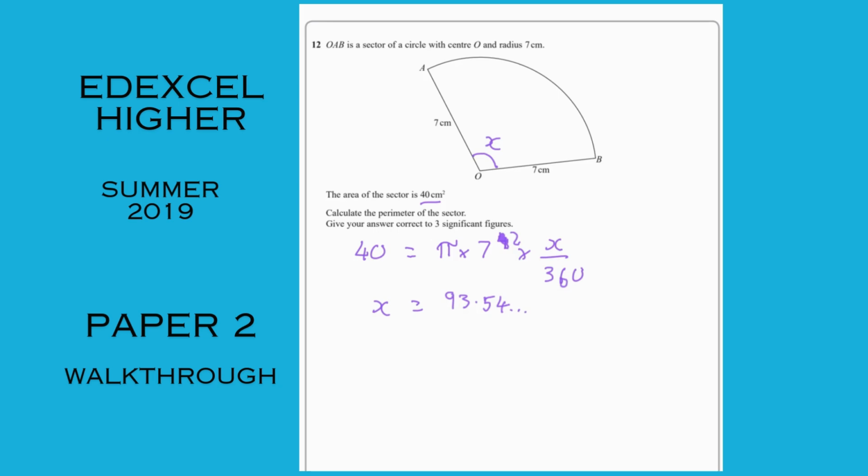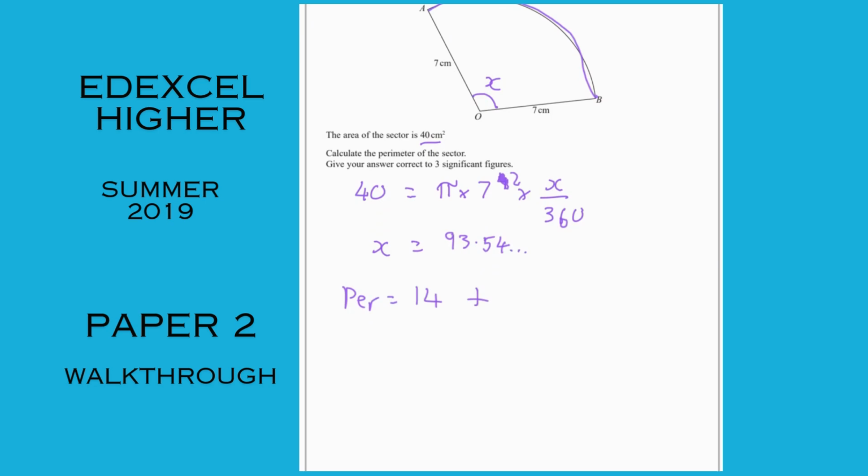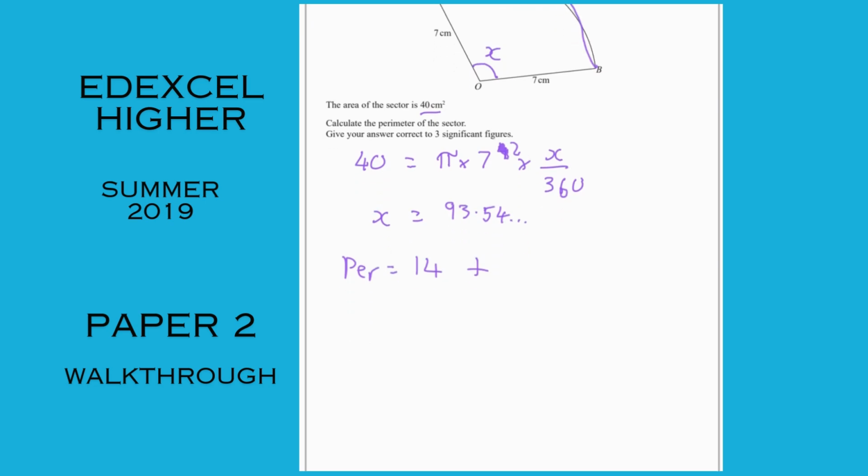Now you can work on the perimeter. Don't forget though, the perimeter of a sector is not just the arc, it's the 2 7s as well. So perimeter is 7 plus 7. And the formula for the length of an arc is 2 pi r.